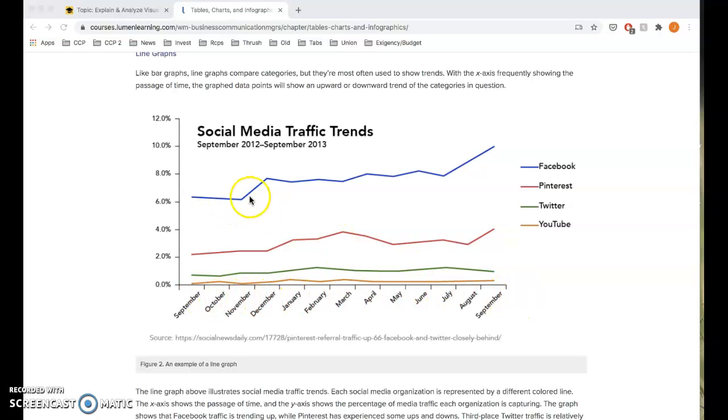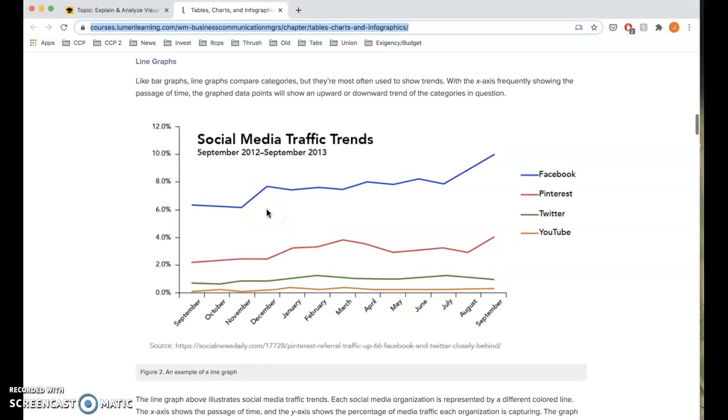What's happening to the Facebook line? It's going up. Same deal with the Pinterest line. The Twitter line, not so much, and coming down a little bit. And the YouTube line has a couple bumps up, but is pretty flat along the way. So I'm getting some information about the traffic on these sites.